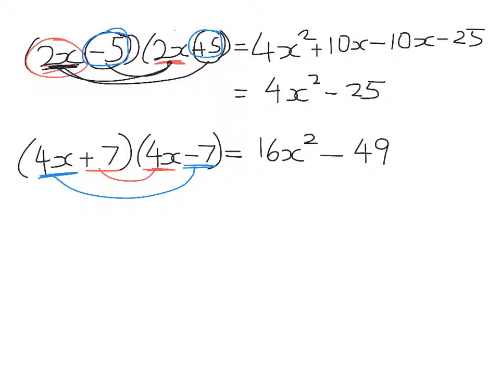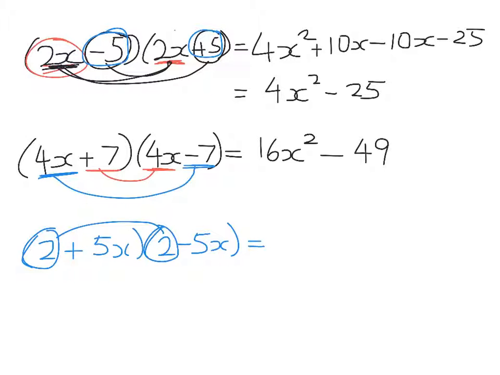So one pattern type that you might not be used to seeing is the other way around, where we've got the number first. So let's do 2 plus 5x times 2 minus 5x. So it's exactly the same idea. What do we get? Well, we've got 2 twos are 4. Then we've got 2 times negative 5x, minus 10x.